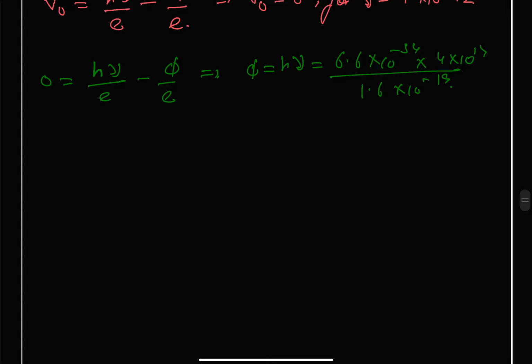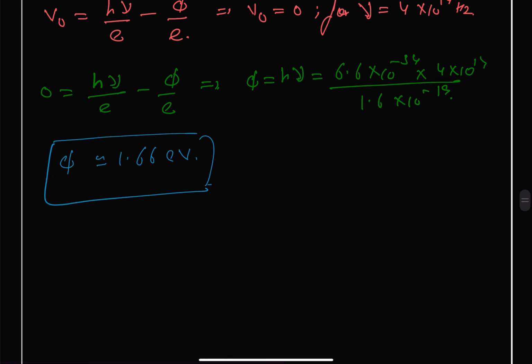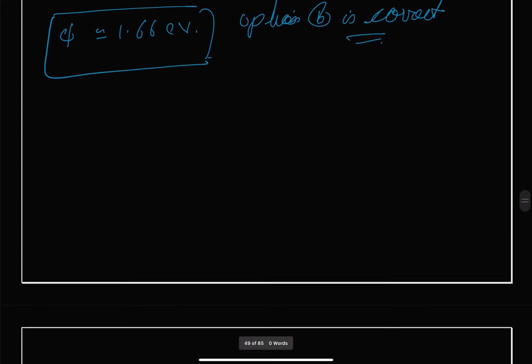So this gives us that the work function is approximately equal to 1.66 electron volt. So option B is correct. Next question.